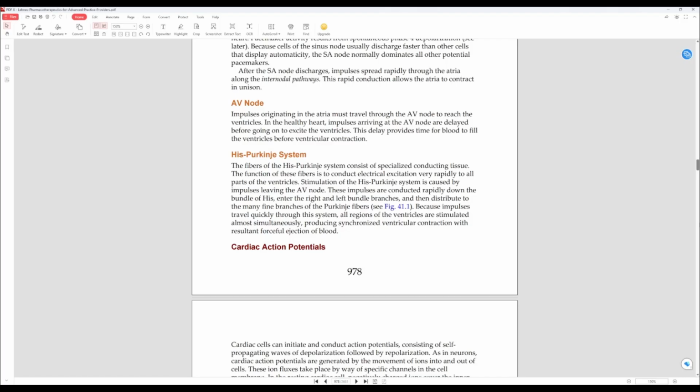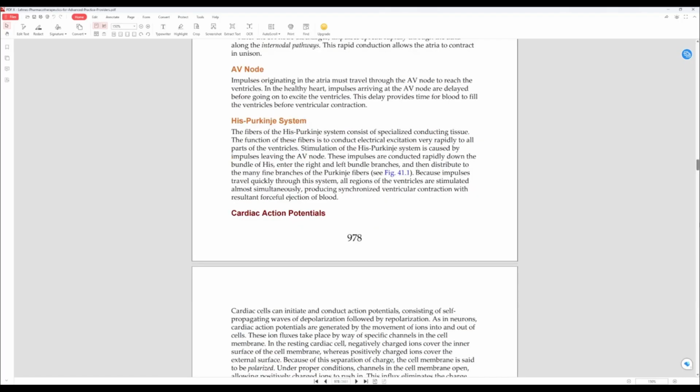These impulses are conducted rapidly down the bundle of His, enter the right and left bundle branches, and then distribute to the many fine branches of the Purkinje fibers. Because impulses travel quickly through the system, all regions of the ventricles are stimulated almost simultaneously, producing synchronized ventricular contraction, with resultant forceful ejection of blood.